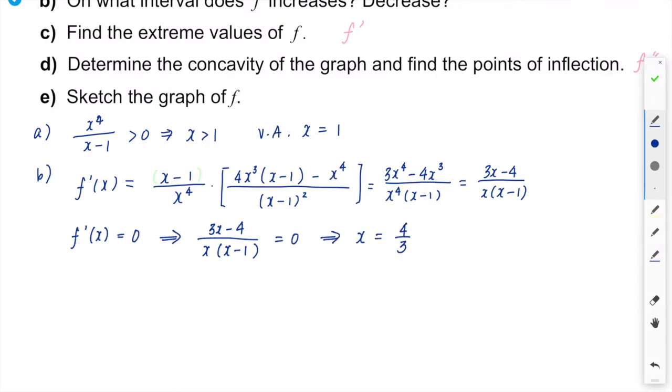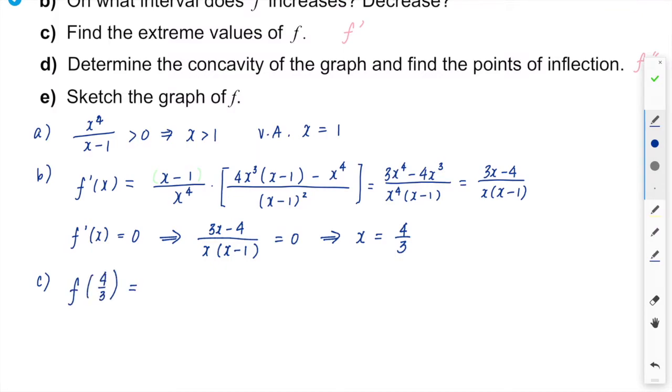Okay. If I evaluate my function at x equals to 4 over 3, it will possibly give me an extreme value after I test for intervals of increase and decrease. Okay, we'll generalize everything in the chart at the end. But for now, for part C, I will just evaluate the coordinates of this function at 4 over 3.